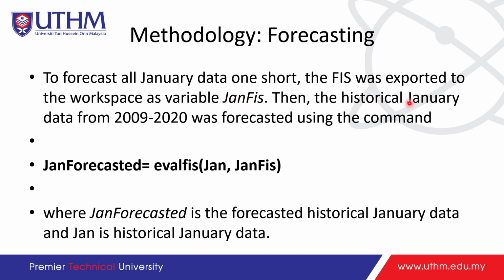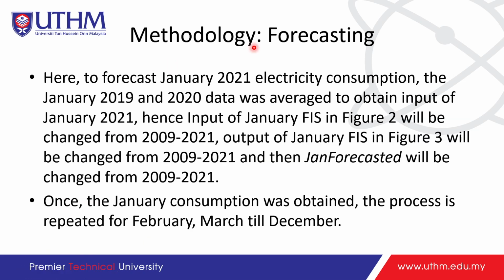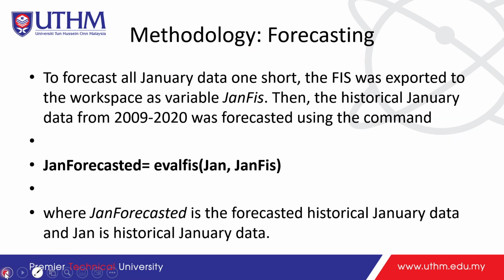Then the historical January data from 2009 to 2020 is forecasted using the command, with a variable that I created: genForecasted equals evalfis(gen, genFIS). Gen is the January historical data that I saved in the workspace, and genFIS is the FIS that we created just now. Then in one shot we can get the forecasted result for January from 2009 to 2020.